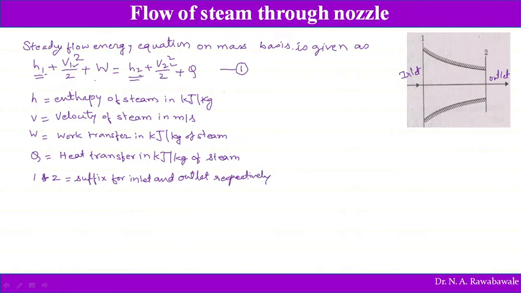Now for a nozzle, if this nozzle is insulated from all the sides, then there is no transfer of heat from this nozzle to the outside or surrounding, or there is no heat transfer from surrounding to the nozzle.